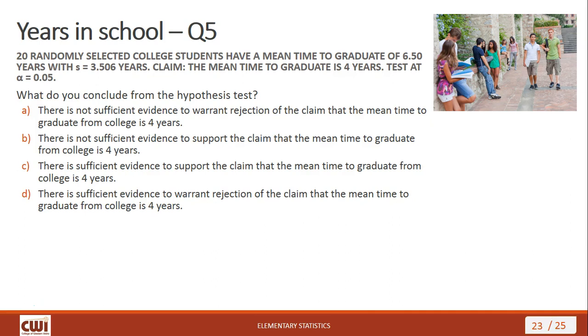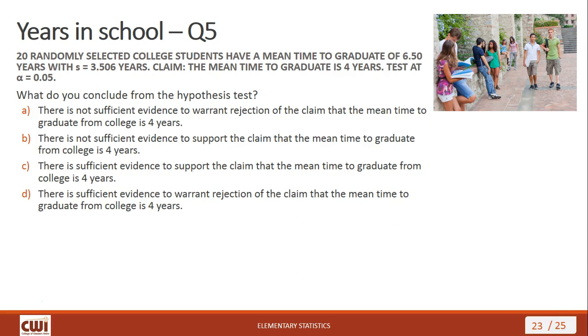Now, comparing C and D, we see that the difference between them is one says support the claim, that's answer option C, and the other says warrant rejection of the claim, that's answer option D. Which do we pick? Well, do we have a one-tailed test or a two-tailed test?